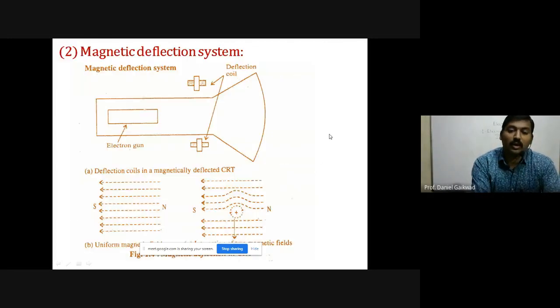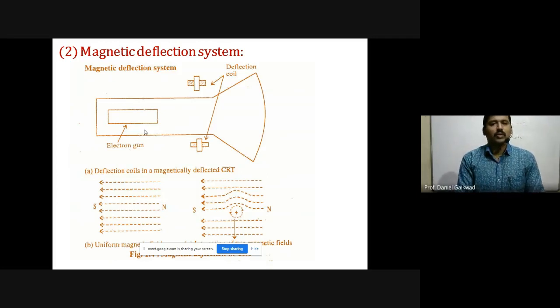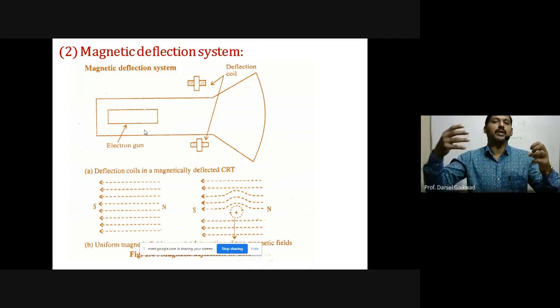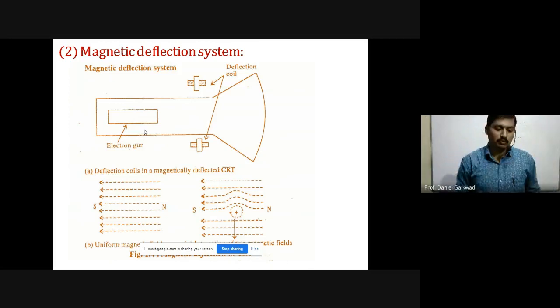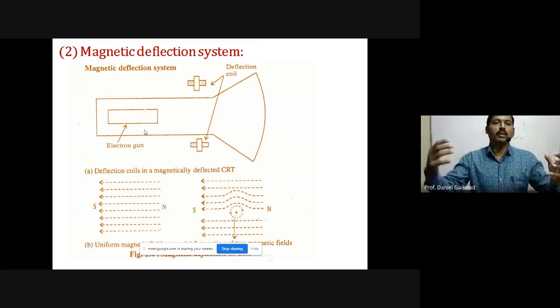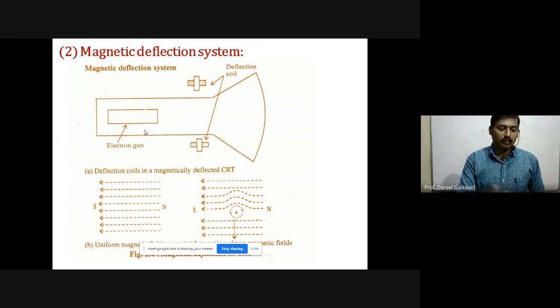Now we have the second type of deflection system, that is the magnetic deflection system. We have learned the concept of magnetic field in physics also. There are two methods to create a magnetic field. Number first is we have a north pole and a south pole. The lines of magnetic flux produced at the north pole enter into the south pole. So between the north pole and south pole there is the magnetic field.